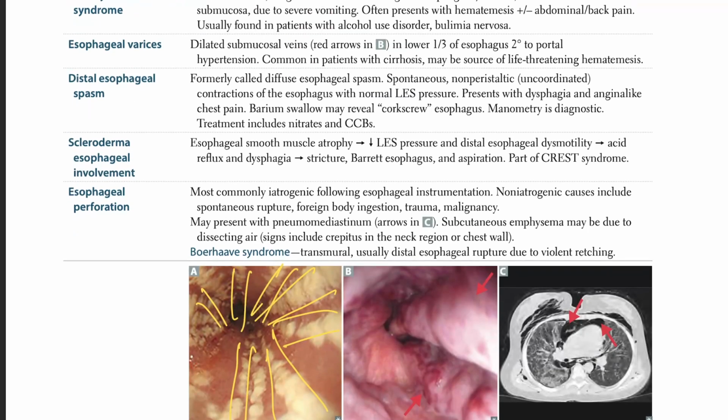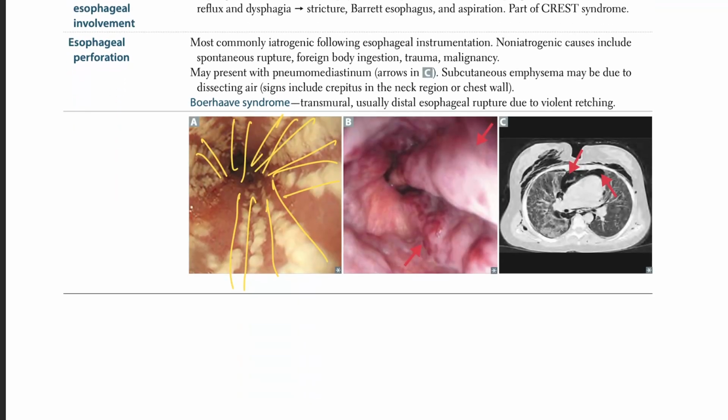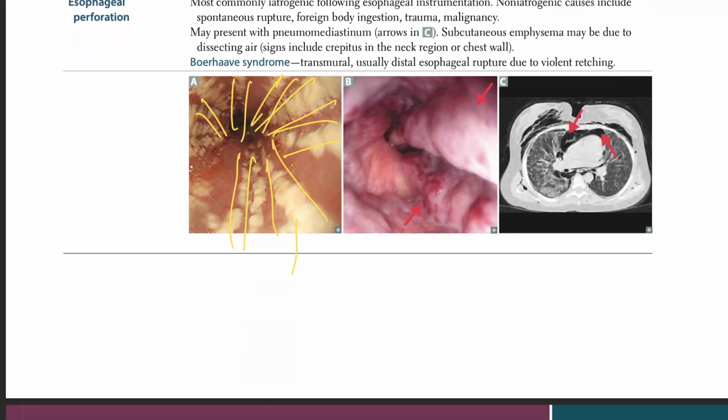These pseudomembranes, if you can see here, they are the gray white patches of pseudomembrane on the erythematous mucosa.